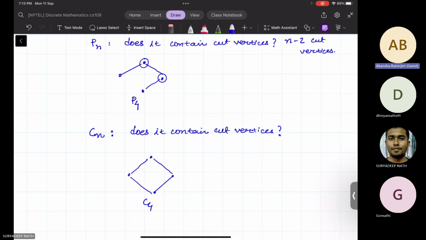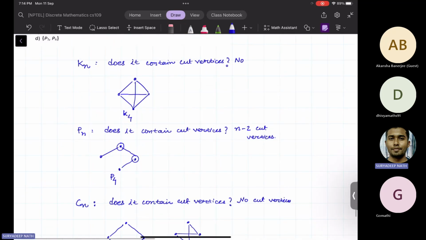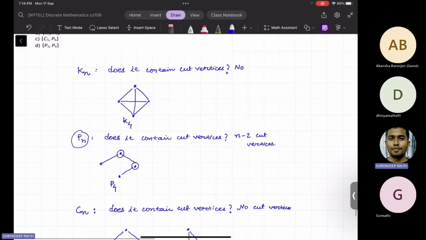No cut vertex, sir. Right, a cycle does not contain a cut vertex. You can have a different cycle as well, maybe you go from here to here and here. This also does not have a cut vertex, so only Pn among the three has cut vertices.